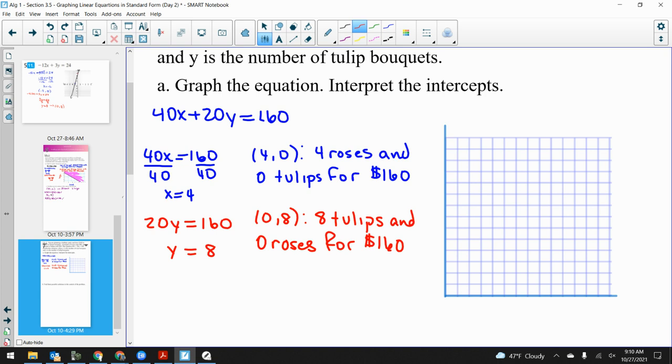Okay, so it looks like x is our roses. And y is our tulips. Okay, I've got 4, 0. Okay, looks like I can fit 4 pretty easily on here. Let's make this 1, 2. I'm going to go by 3s in my boxes. And for tulips, I'm going to go 8.